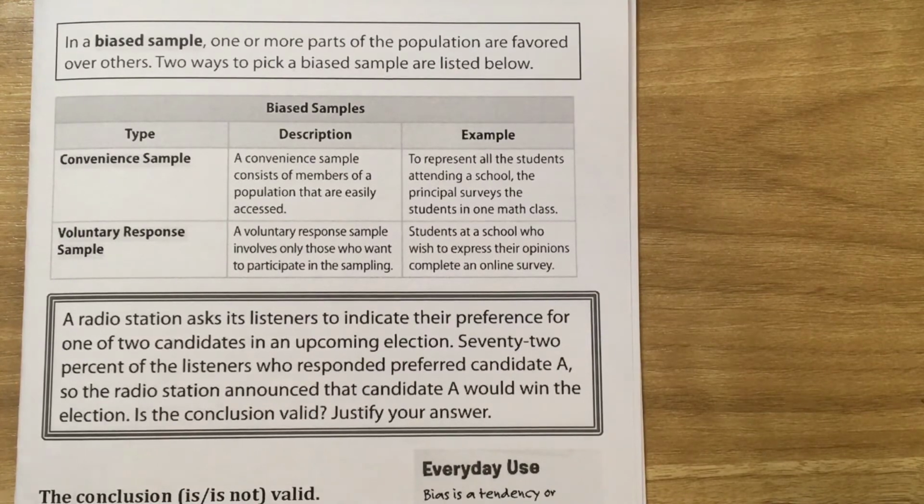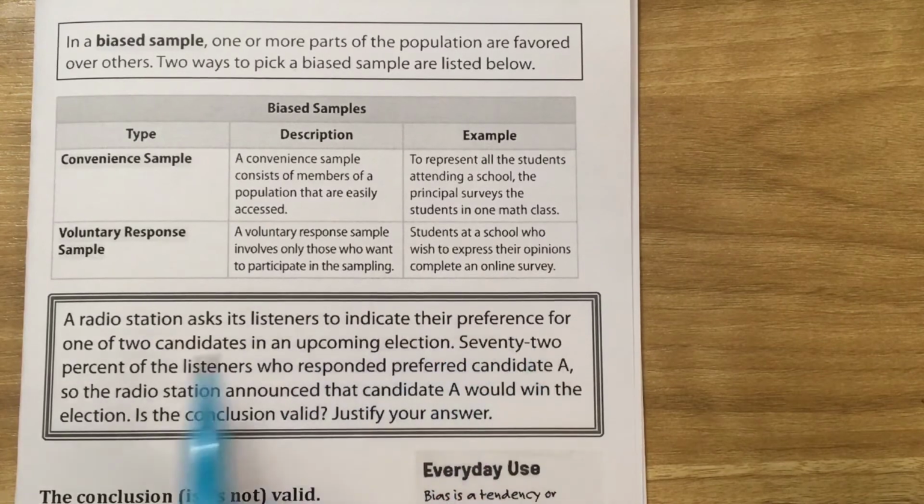A radio station asks, here in this problem, its listeners to indicate their preference for one of two candidates in an upcoming election. 72% of their listeners who responded preferred candidate A. So the radio station announced that candidate A would win the election. Is this conclusion valid? Justify your answer.